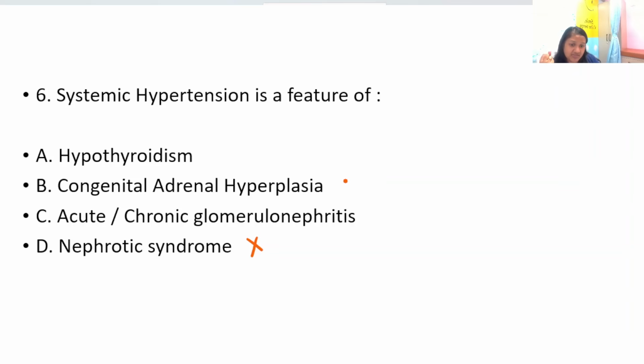Classic salt-losing CAH presents with hypotension. Systemic hypertension is not always a feature. Again, in hypothyroidism there is no direct reason to have systemic hypertension. In acute or chronic glomerulonephritis, systemic hypertension may be a feature because of renal parenchymal involvement, right?